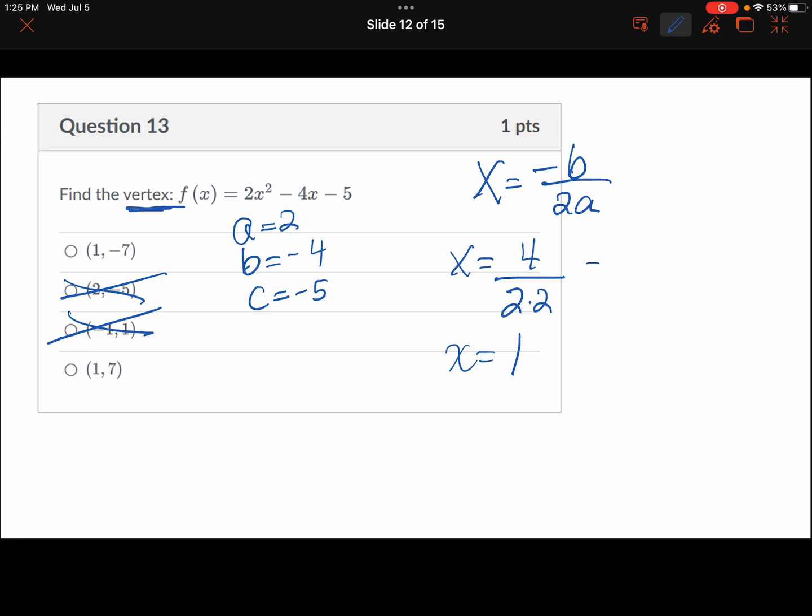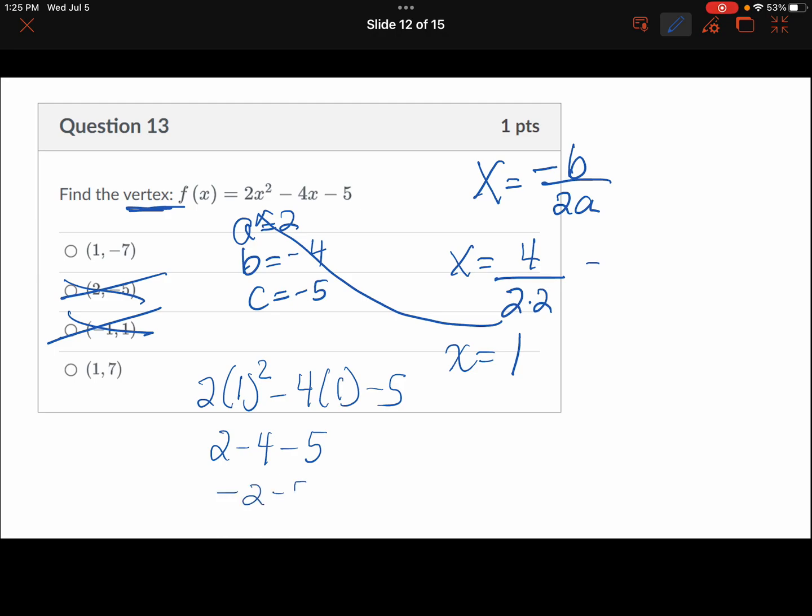How do I find the actual vertex? That is the X value, so I'm going to plug it in, and I'm going to have 2 times 1 squared minus 4 times 1 minus 5, 2 minus 4 minus 5, negative 2 minus 5 is going to give me negative 7. So that point of turn in this equation is going to be (1, negative 7).